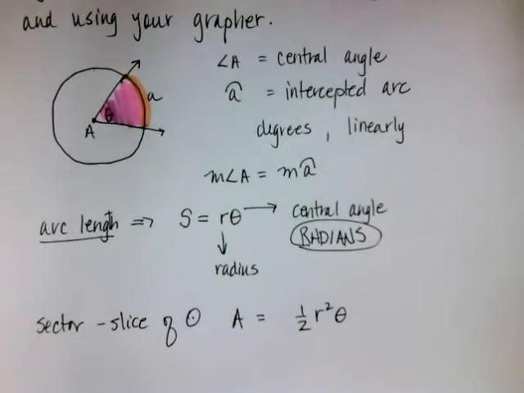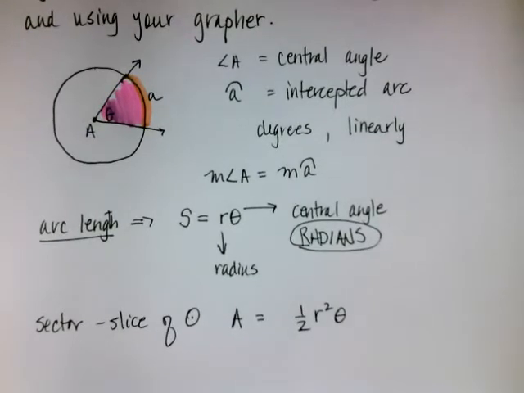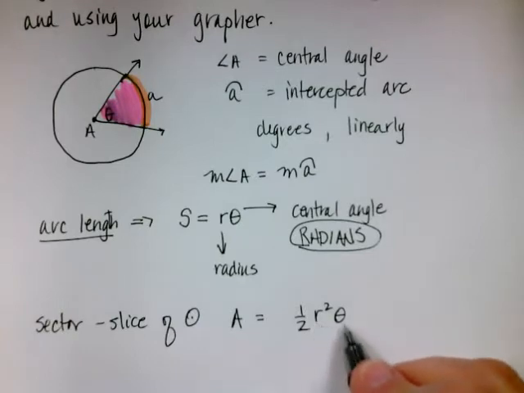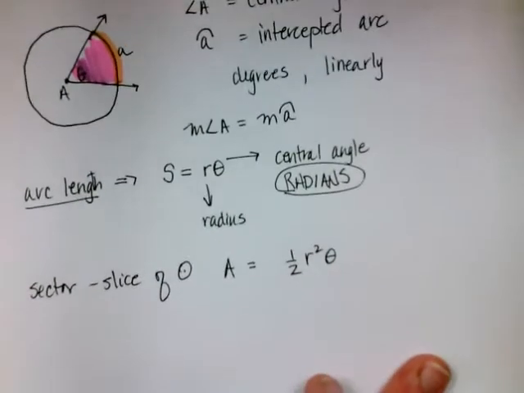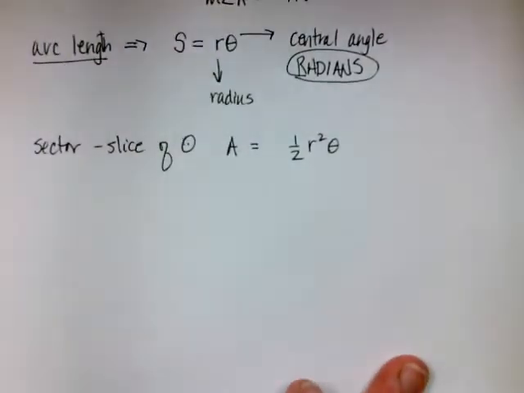All right, so I can calculate the area of my little sector. Okay, so those are our two handy dandy formulas, and again, r is equal to the radius, and theta is the central angle, and it has to be in radians. Always, always, always.